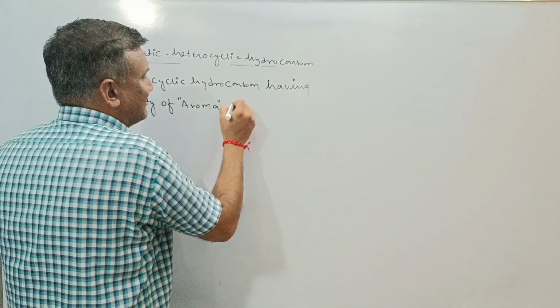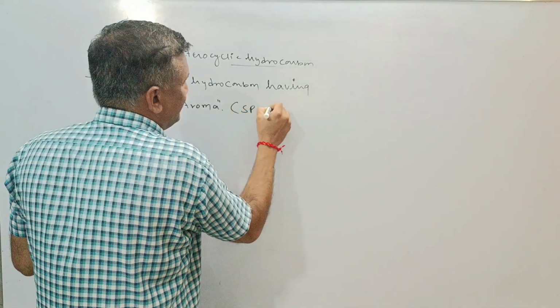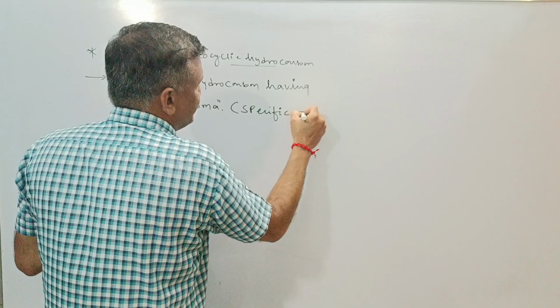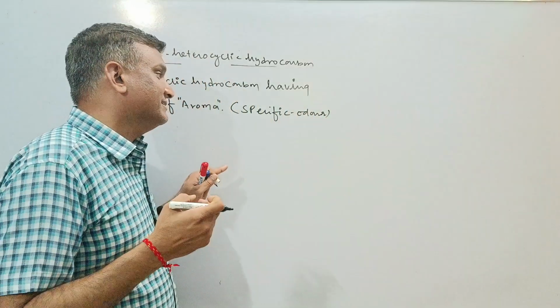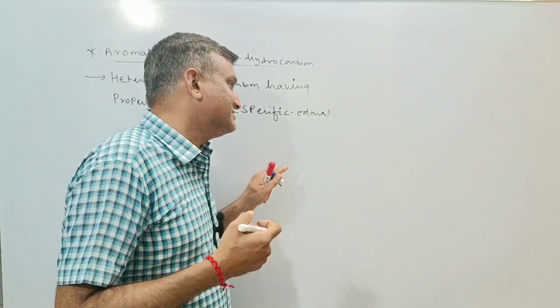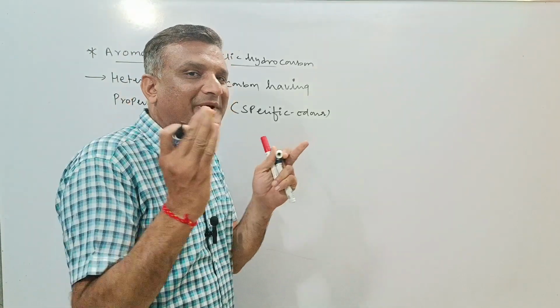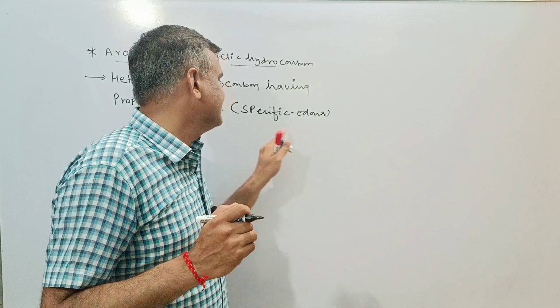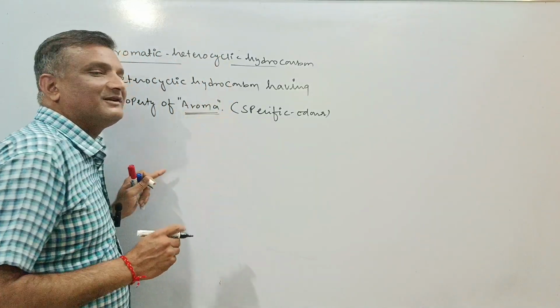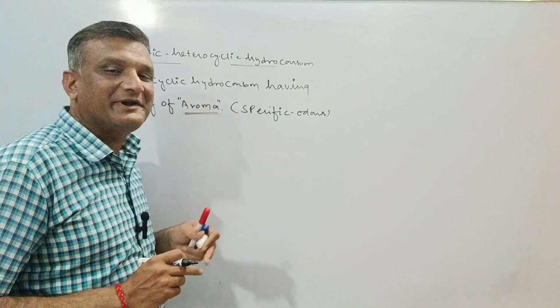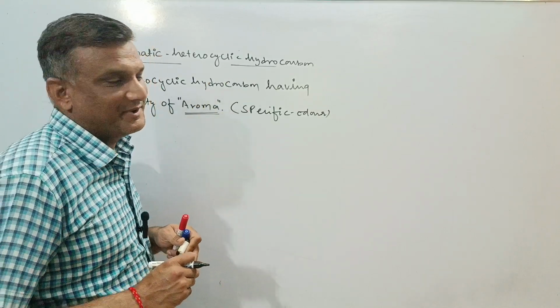Aroma means a specific odor and a lot of properties also, such as resonance, delocalization of electrons, and planarity of the molecule. These are combinedly known as aroma. So those having the property of aroma or aromatic character are known as aromatic heterocyclic hydrocarbons.